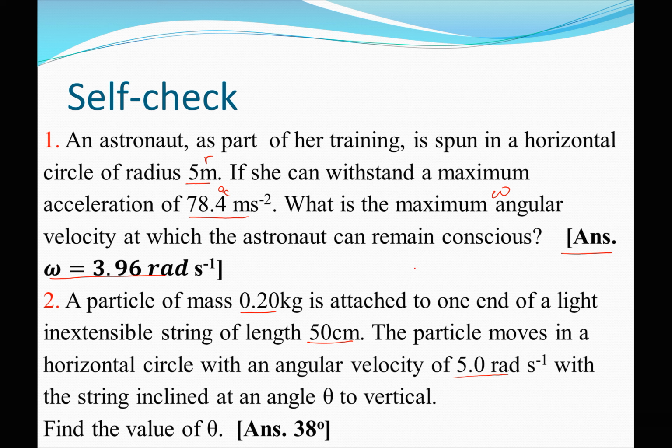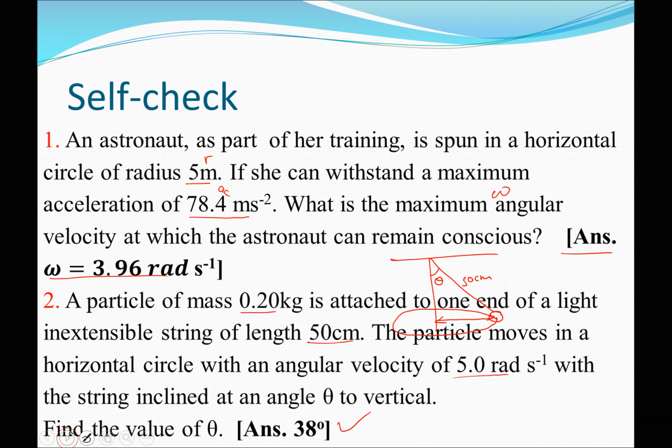Find the value of theta. If you sketch this, this is the vertical, then the string is here, and the particle describes a horizontal circle. This angle is theta, and this length has been given as 50 centimeters. So this is the radius, which is not known. You have to find omega and verify that the angle is 30 degrees. We have done several examples for that.